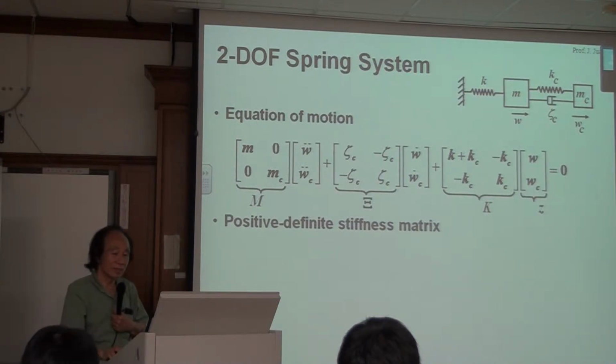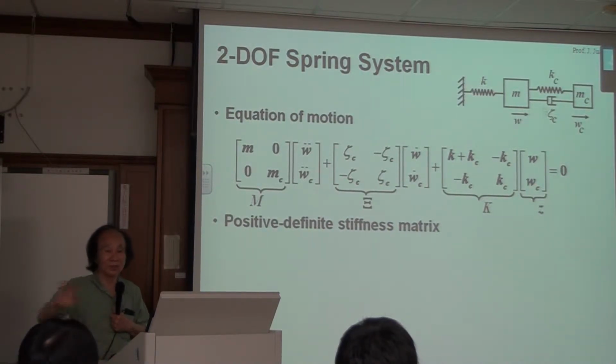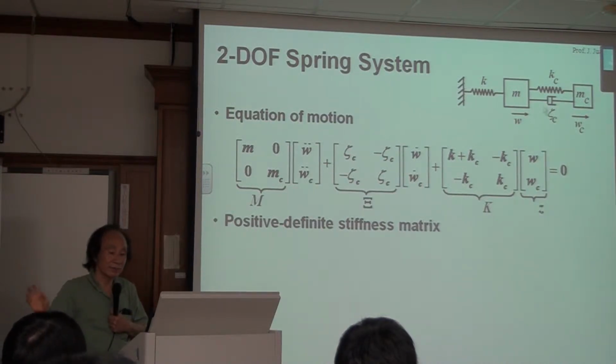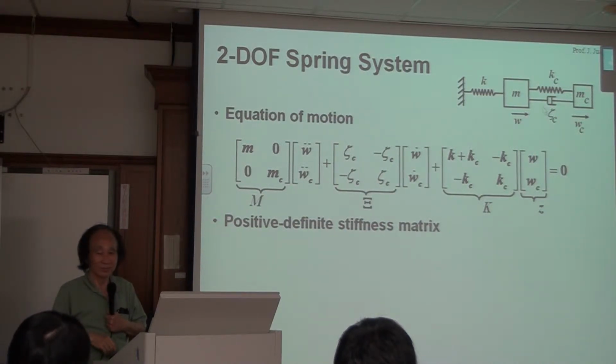However, this KC, MC, ZLC here is not physically existing. We don't have a physical spring KC, we don't have a physical ZLC. This is all virtual. This is all by gain. KC is my gain. ZLC is my gain. Right?